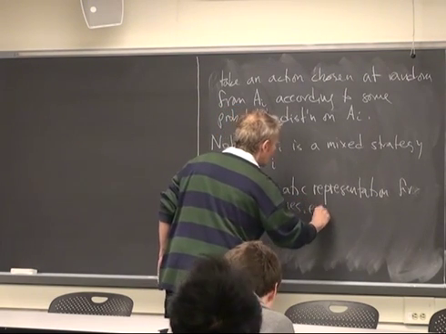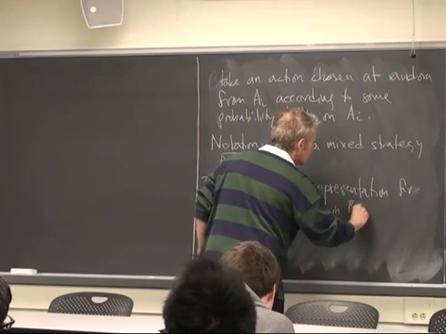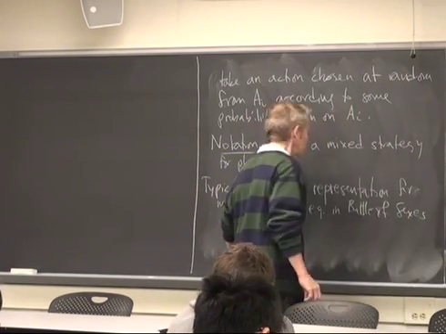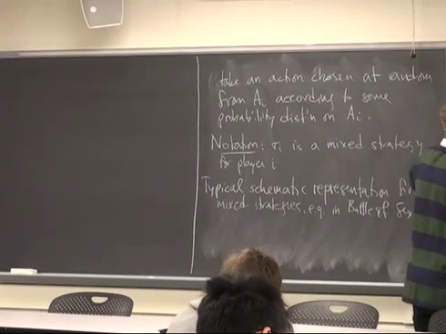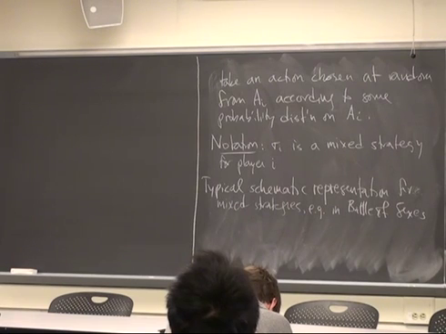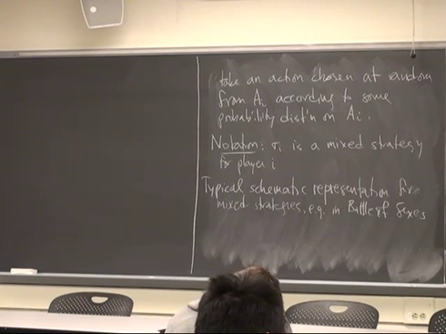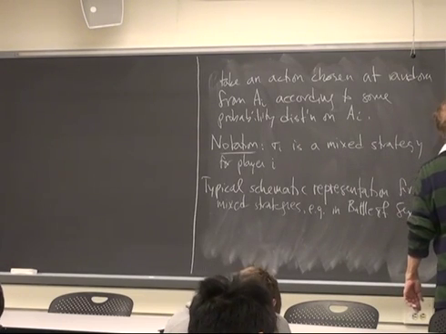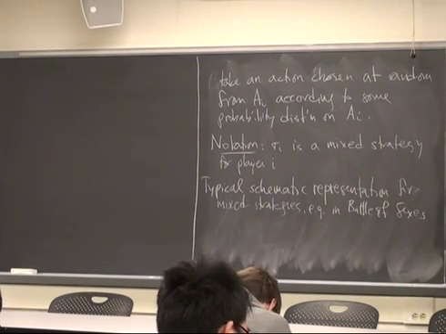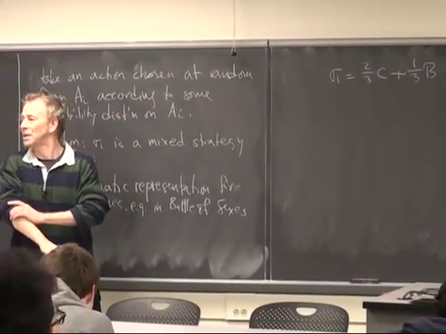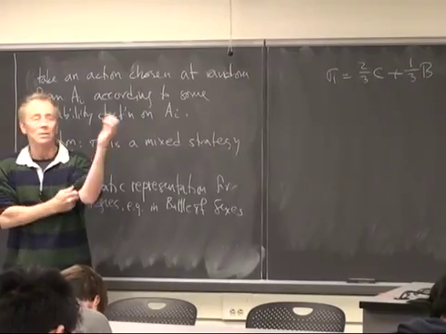So, for example, in the Battle of the Sexes, how about sigma 1 equals, say, 2/3 C plus 1/3 B. What does that mean? What does that schematic notation mean to us?